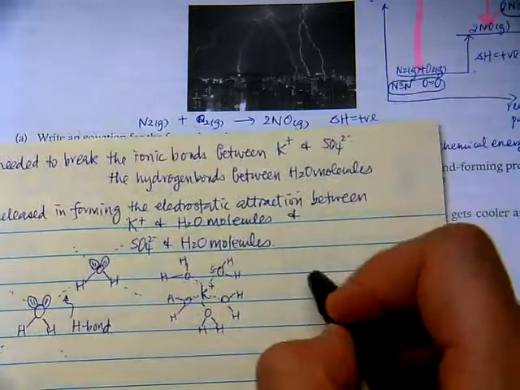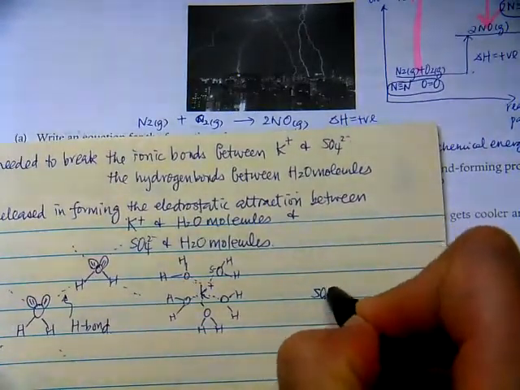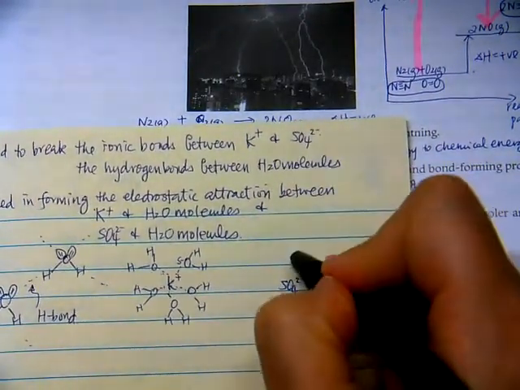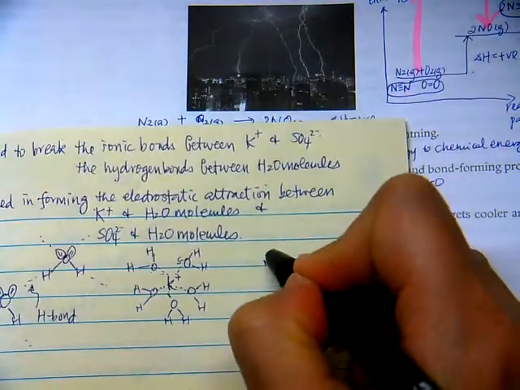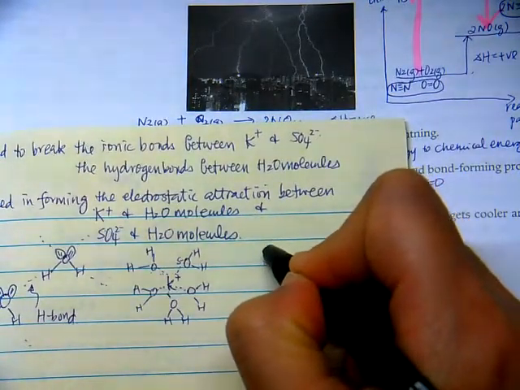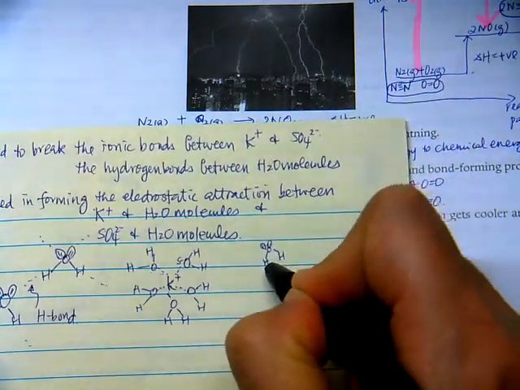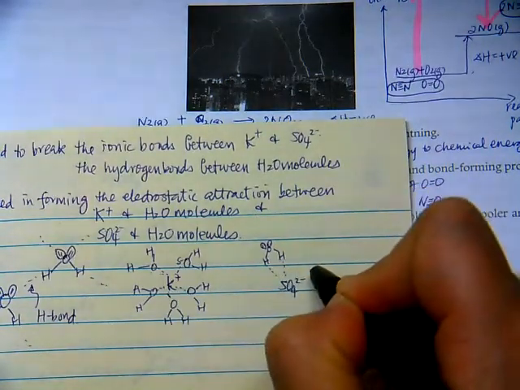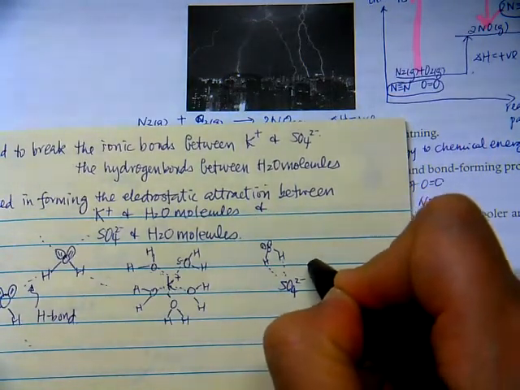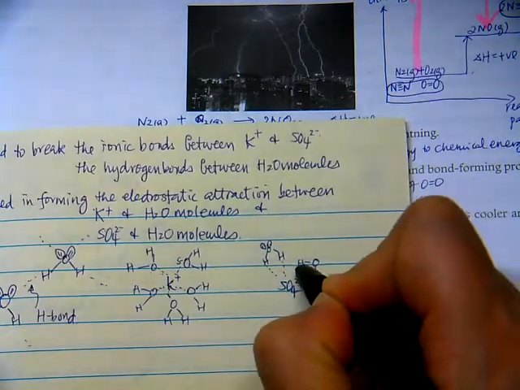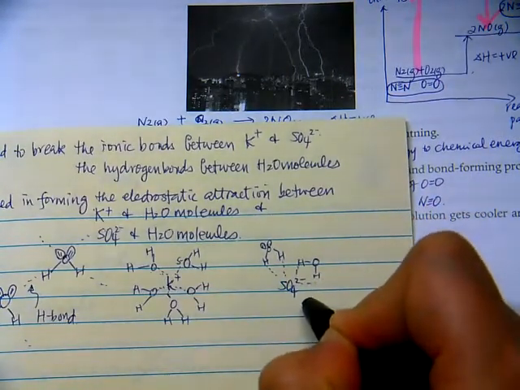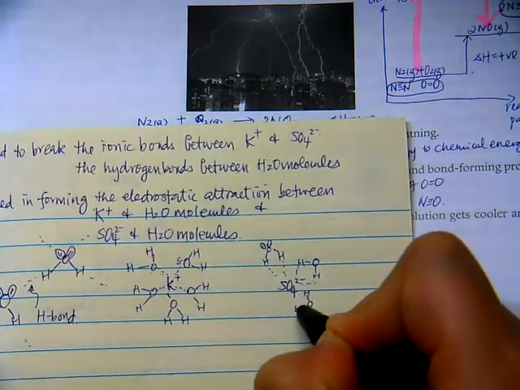How about sulfate ion? Sulfate ion is negatively charged. Water molecule will use this hydrogen to surround sulfate ion. The surrounding is actually attraction. I draw some more water molecules, because each hydrogen atom of water molecule has a partial positive charge.